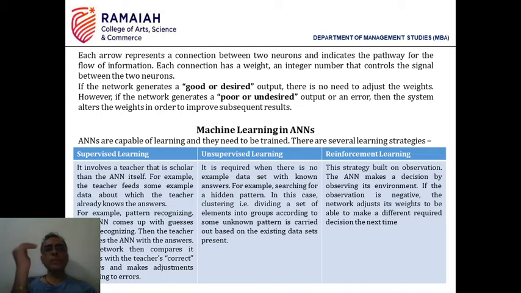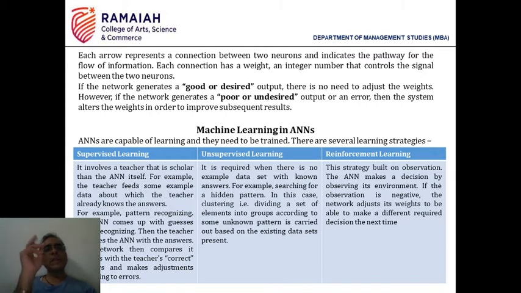If the network generates a good or desired output, there is no need to adjust the weight. However, if the network generates a poor or undesired output, an error, the system alters the weight in order to improve the subsequent results. ANNs are capable of learning, and they need to be trained. There are several learning strategies, as I said earlier: supervised learning, unsupervised learning, and reinforced learning.